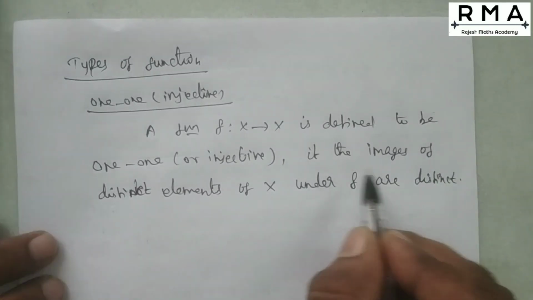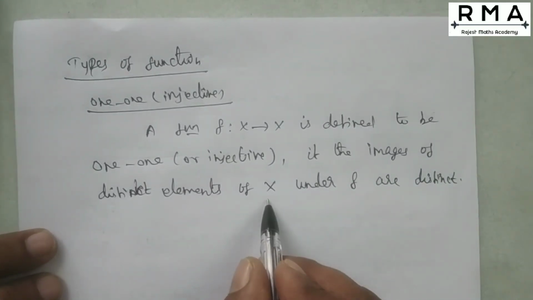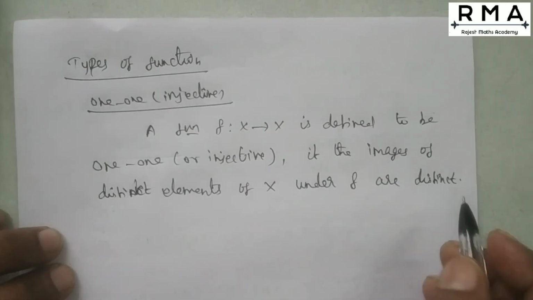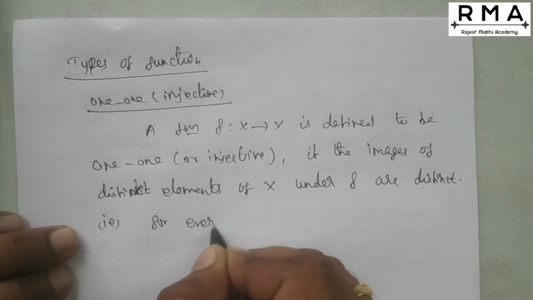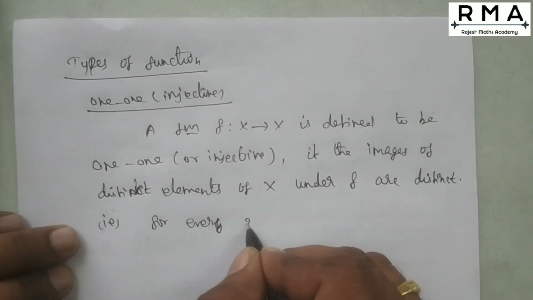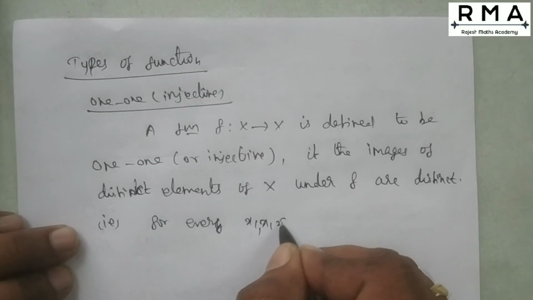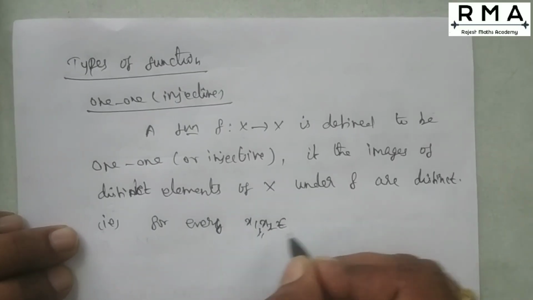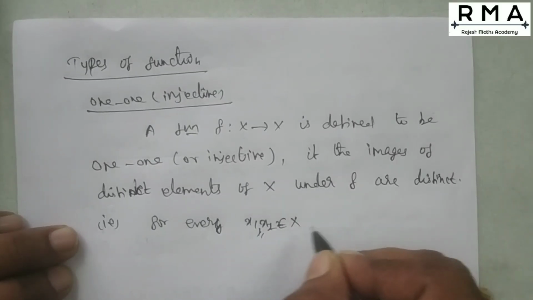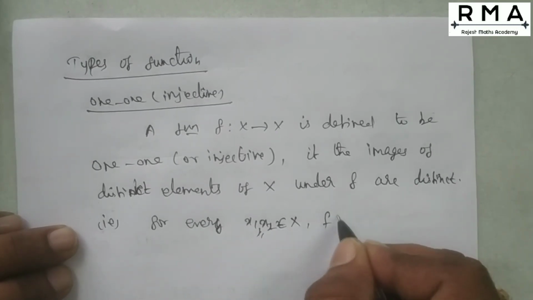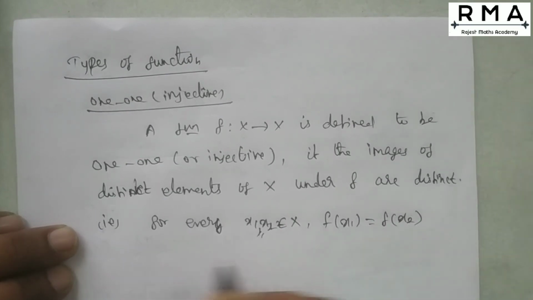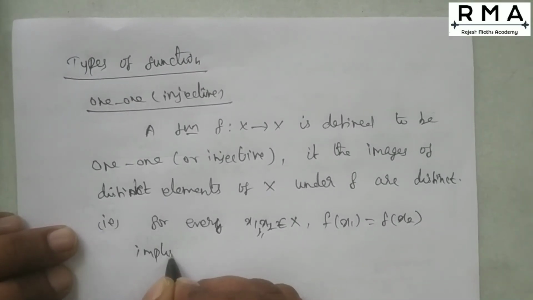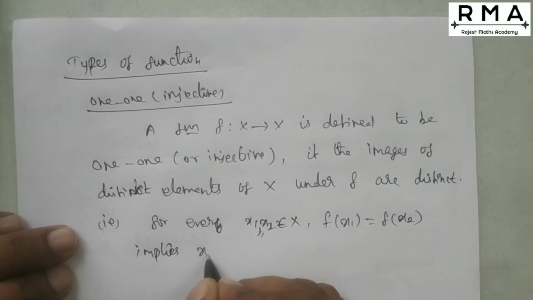What is the meaning? In other words, for every x1, x2 belonging to the set x, if f of x1 equals f of x2, then this implies x1 equals x2.